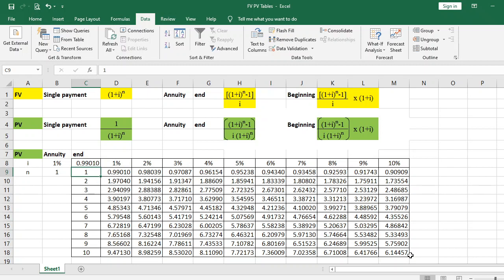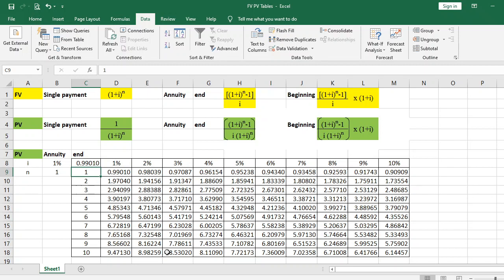For every 1 rupee that we invest at the end of every year is equal to 6.14457 at the beginning of year 1 at 10% interest rate for 10 years that we have invested.